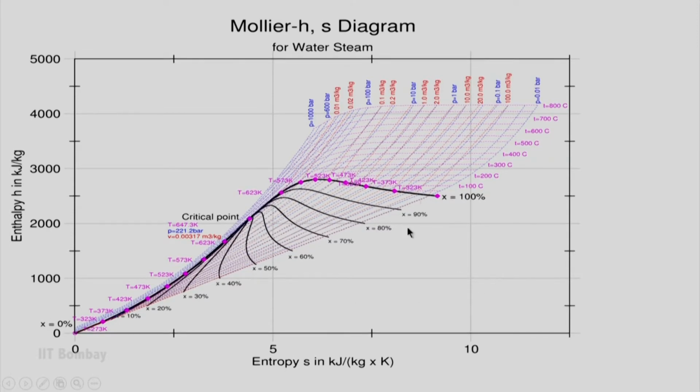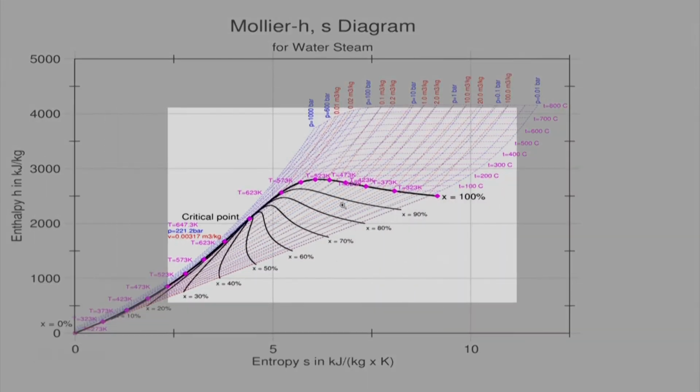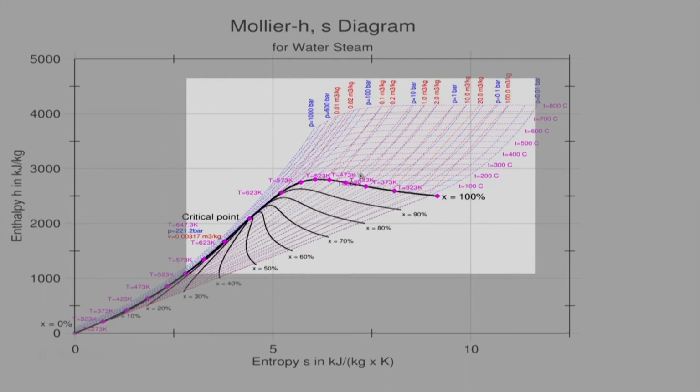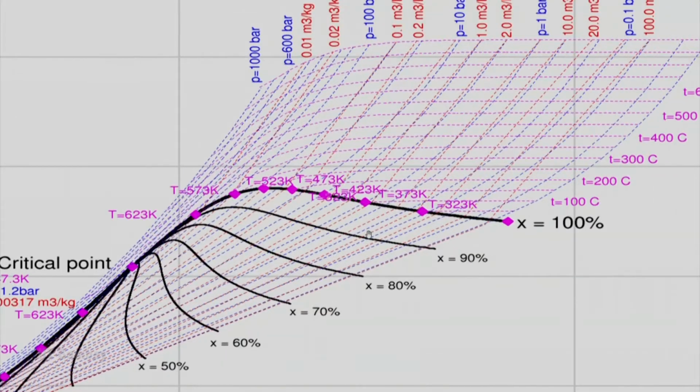So, from here I can get a lot of information for any state. Just to demonstrate, for example, we have 1 bar. I can go and look at this closely. You can see this 1 bar blue line comes over here and meets at 373 Kelvin, which is 100 degree centigrade, alright.